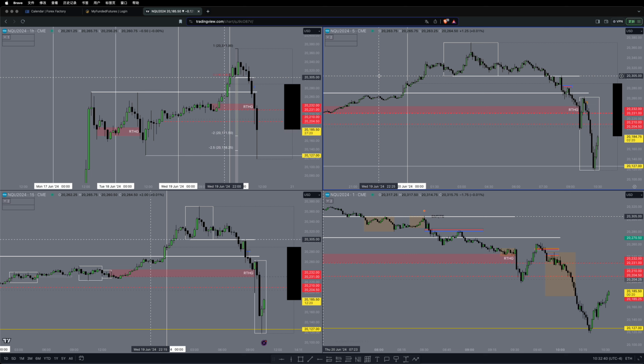But before the unicorn model was a popular thing in the whole ICT community, because ICT basically only talked about it for like two sentences, and I don't know when, but at some time it just became a thing, and it started becoming popular on Twitter and YouTube and everything.